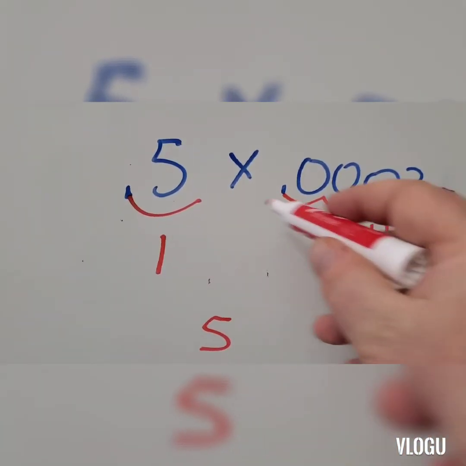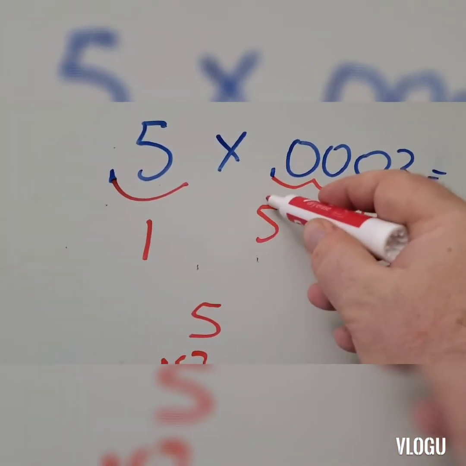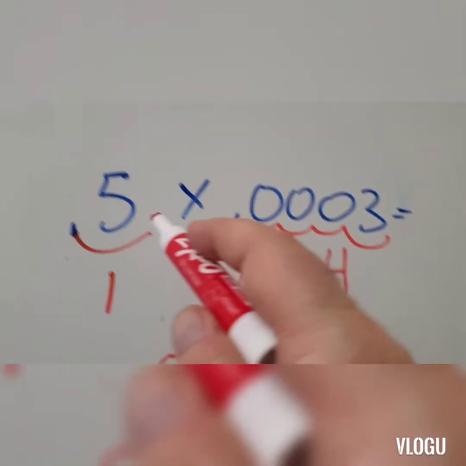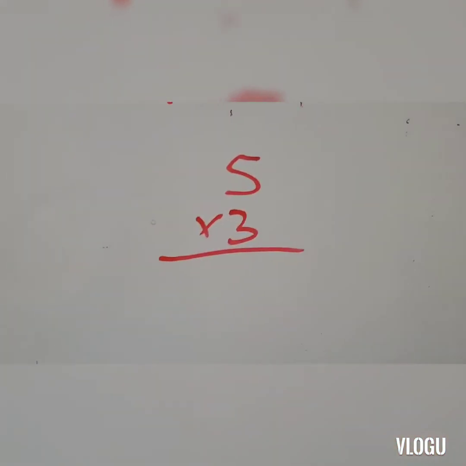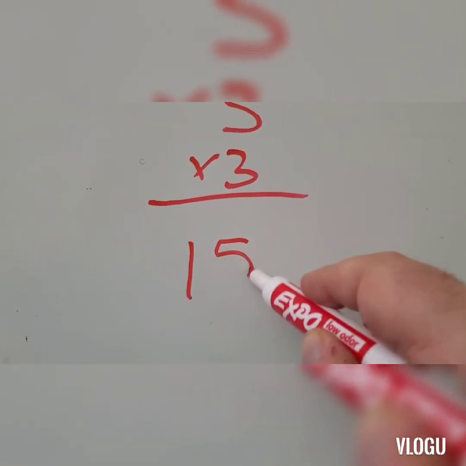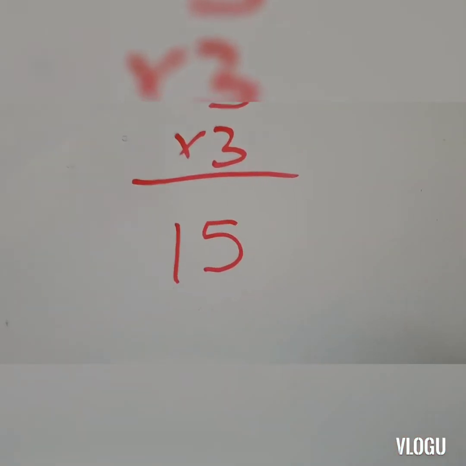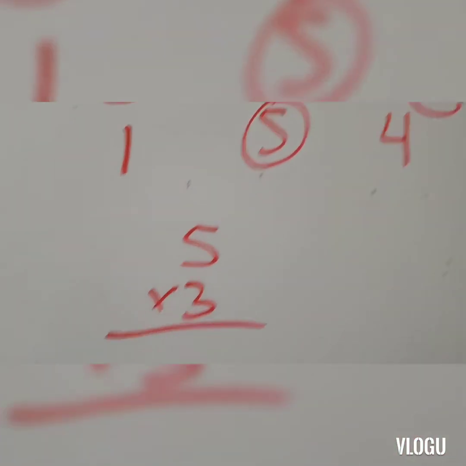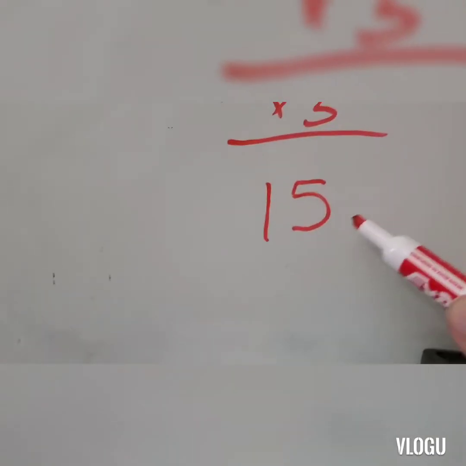And I've moved a total of 5 places. 1 here, 4 there. That makes that a 5 times 3. 5 times 3 is a 15.